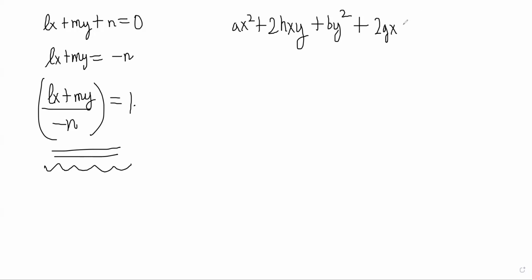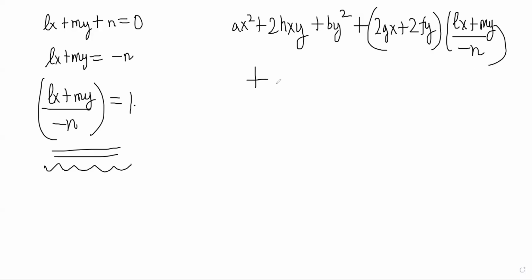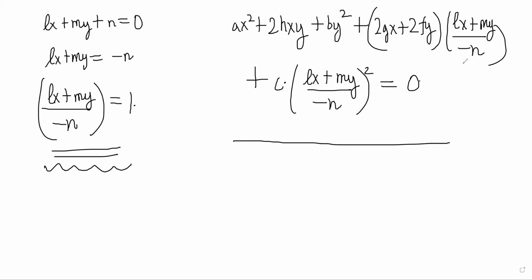So I'll take 2gx plus 2fy, and multiply both of them with (lx plus my) by minus n. And the constant term is c, so I have to multiply it with the square of this in order to make it degree 2, right? Notice that this value is 1, so we have not changed the equation. Similarly, this value is also 1, so we still have the same curve equation.